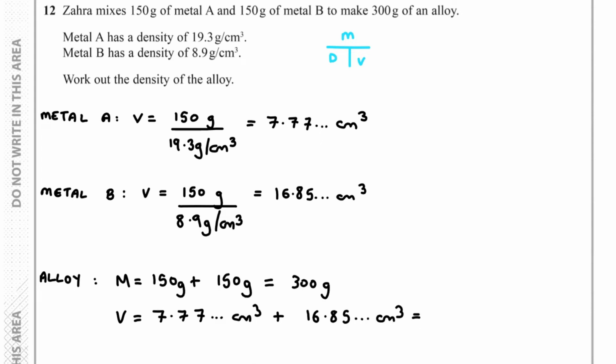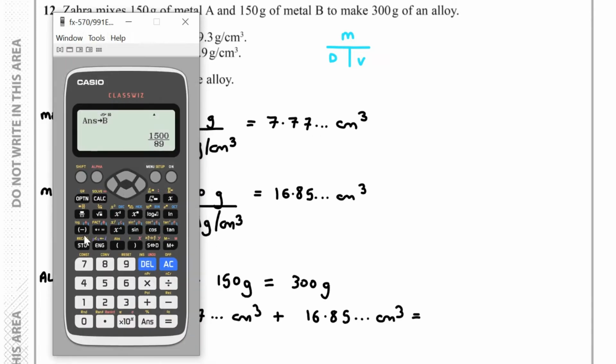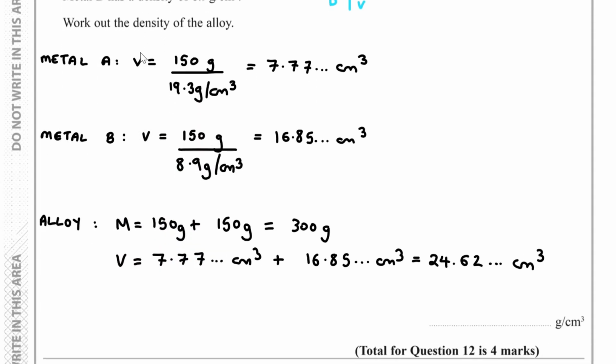So if I work this out, here we've got A plus B, which is 24.62 etc. centimeters cubed. And therefore, for the density, that will equal the mass over the volume.